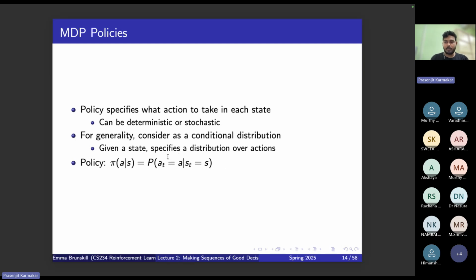So policies can be of two types, probabilistic and deterministic. If you have probability of taking between a set of actions, that's a probabilistic policy, which is written like this: P of A given S is equal to P of A_t given S_t. And it can also be deterministic. In that case, you basically have a lookup table, that okay, in state 1 I will take action 1, in state 3 I will take action 2 with 100% probability, right?